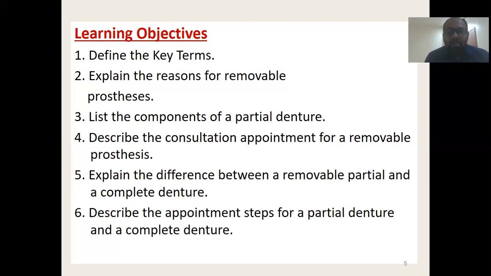Also I would be highlighting the difference between a removable partial and a complete denture. And I would also describe in a simple way the appointment steps that are involved in the fabrication of partial and complete dentures. So this is what my talk is going to revolve around today.